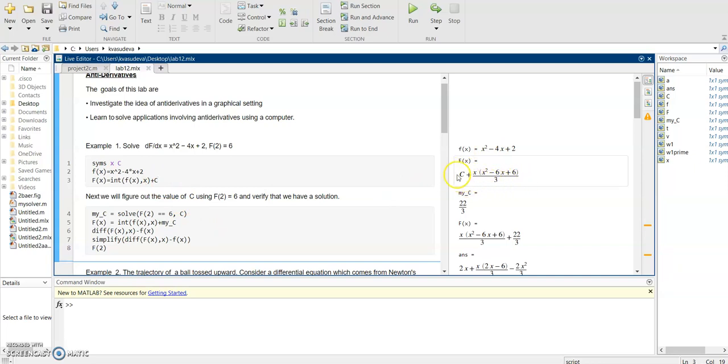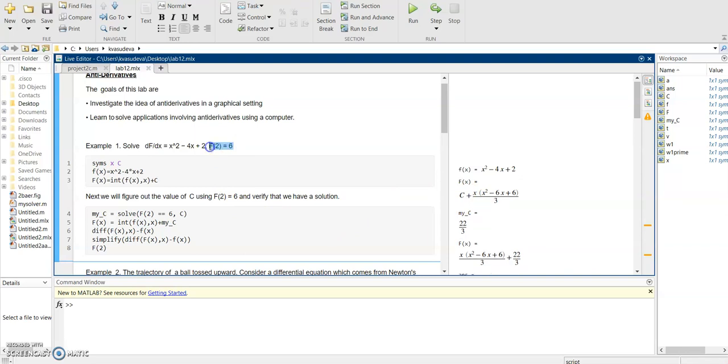But the next aim is to find my value of c. To find the value of c, we have to use that condition, f of 2 is equal to 6. So I'm going to add a new line, c equals solve f of 2 equal to 6 for c.